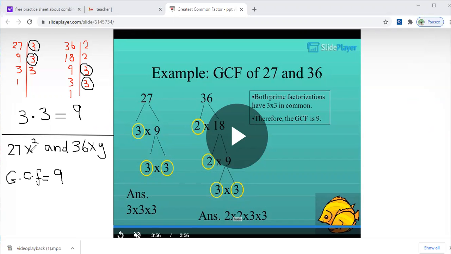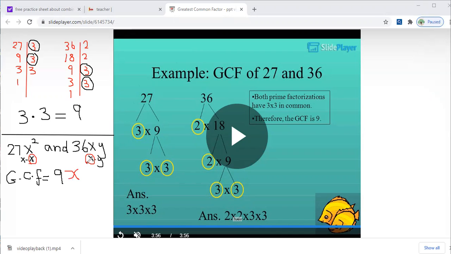What about in case you have a variable with exponents? I have x to the power of 2 and I have x. X to the power of 2 means x times x, right? And this one means x times y. What is the factor which we can note is already in both? I have x and I have x. So with GCF, we are going to choose x.